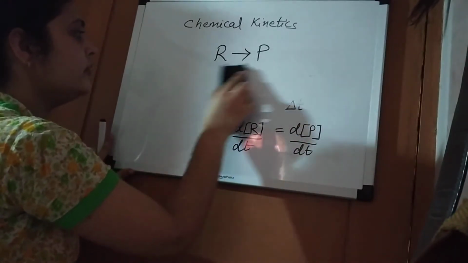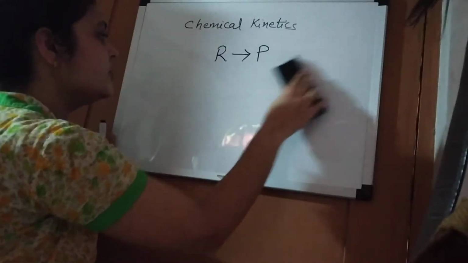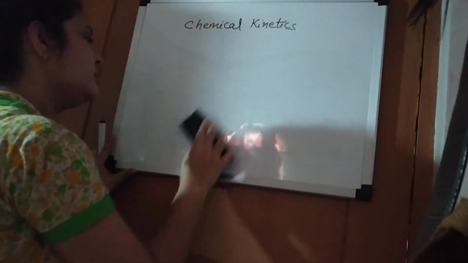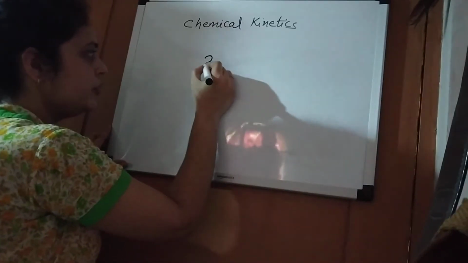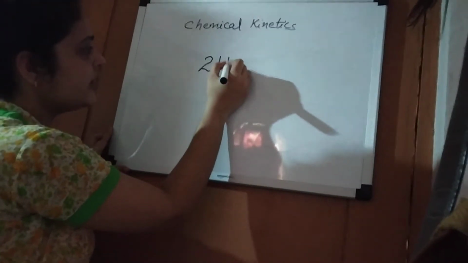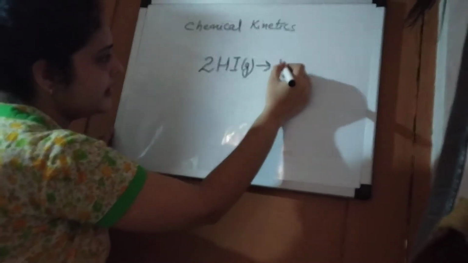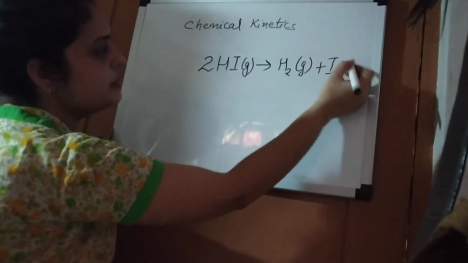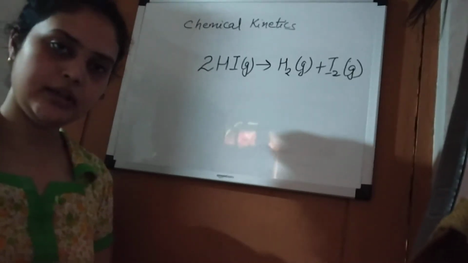Now this was all about when the coefficient of reactant and product is 1. What about if the coefficient is more than 1? For example, you are given the reaction 2HI gas changes to H2 gas plus I2 gas. Here the coefficient is 2, here 1, and here also 1. So what will be the rate of reaction for this?